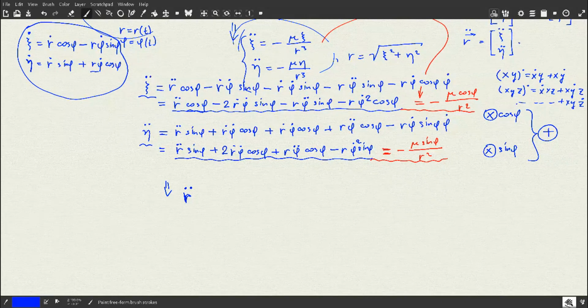Now, this term is multiplied by cosine phi, so we have minus 2 r dot phi dot sine phi cosine phi. Here, plus 2 r dot phi dot cosine phi sine phi. Zero when we add them. This term, minus r phi double dot sine phi cosine phi, plus r phi double dot cosine phi sine phi. So what? Zero again, right?